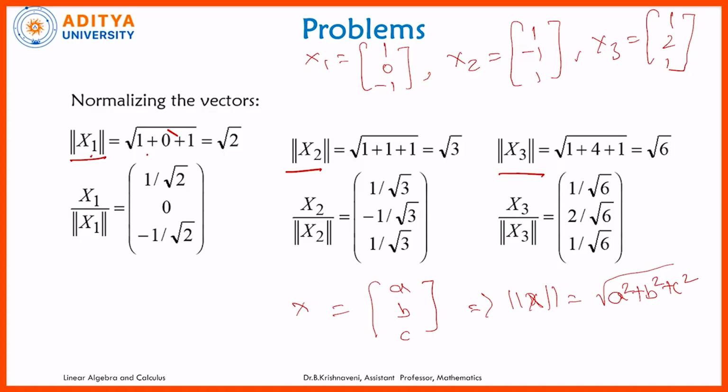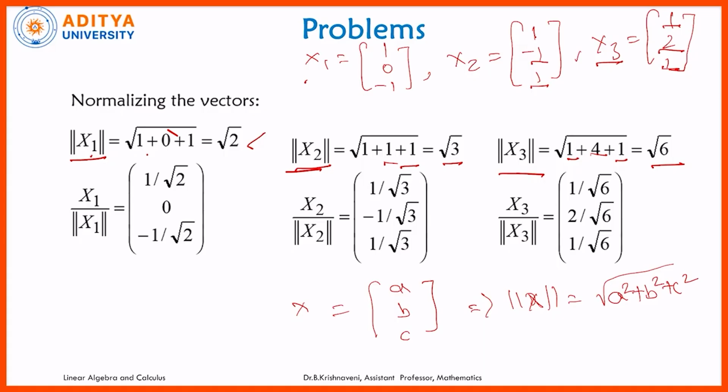So, find out the norm of x1: root of 1 square plus 0 square plus minus 1 square, that is root of 1 plus 1, root 2. Norm x2: root of 1 square plus minus 1 whole square plus 1 square, that is root 3. Norm x3 is equal to square root of 1 square, 1, plus 2 square, 4, plus 1 square, 1, that is equal to root 6.